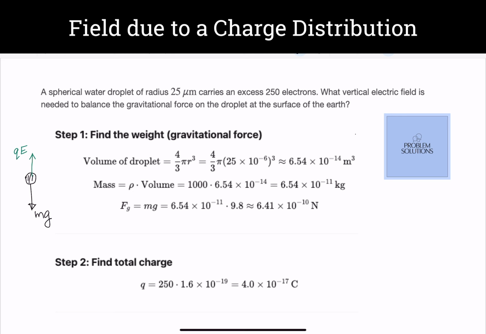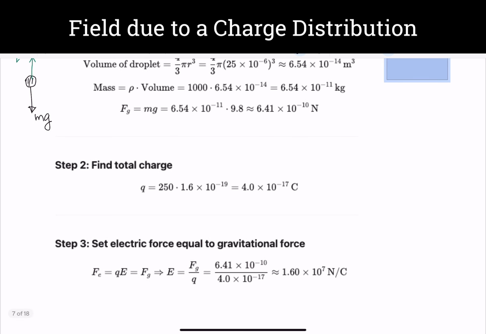Now, mass is volume times density, so that's what is given here. First, being a sphere, this is the volume of a sphere. And once you get the volume, you multiply it with the density of water, which is 1,000, to get the mass. And then you know that the weight is mg.